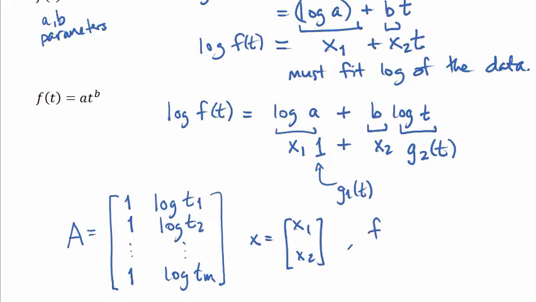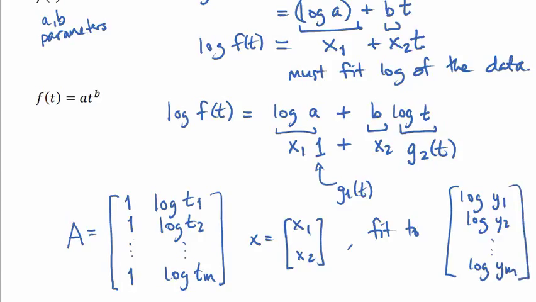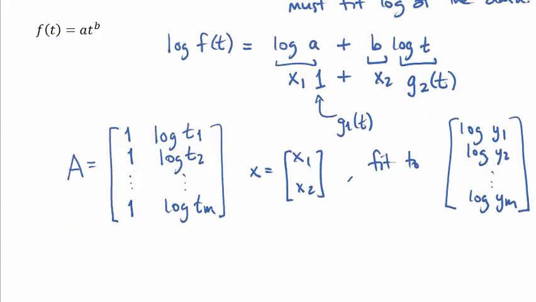And then we fit, since we had to take the log of f, we have to fit that to the vector log y1, log y2, and so on. So with these transformation tricks, we can sometimes take a genuinely nonlinear problem and turn it into a linear problem. On the other hand, there are fitting functions that are intractably nonlinear no matter what you do to them.